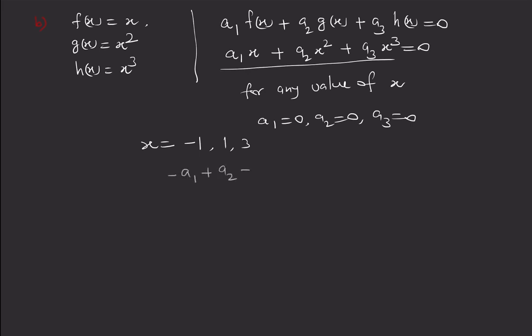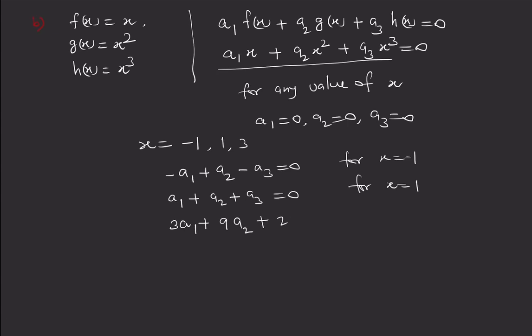Then the equation becomes minus a1 plus a2 minus a3 is equal to 0 for x is equal to -1, a1 plus a2 plus a3 is equal to 0 for x is equal to 1, and for x is equal to 3 it becomes 3a1 plus 9a2 plus 27a3 is equal to 0.